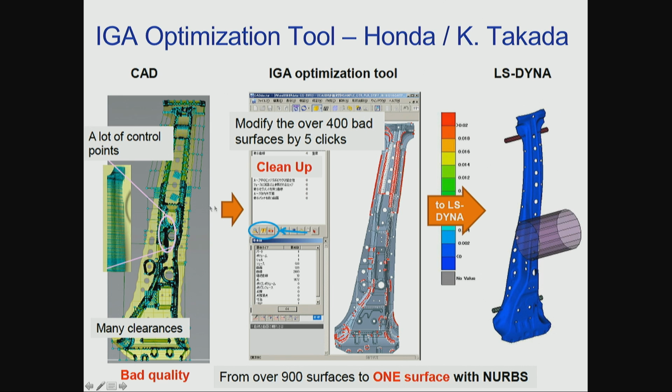Now, this is an interesting application of trimming that was done at Honda by Kenji Takada and his colleagues. They took a B-pillar, not the one I showed before, but another one. And this one has over 900 surface patches making it up, and many trim lines, obviously. And what they did is they replaced it by just mapping onto one patch, one trimmed patch, very highly resolved, as you can see.